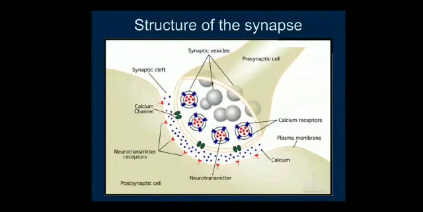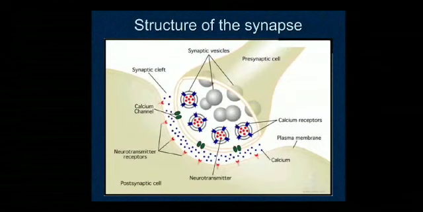This synaptic cleft is the space between these two membranes, and it has a width of 200 angstroms. And in the diagram you can see that the presynaptic neuron has so many synaptic vesicles.